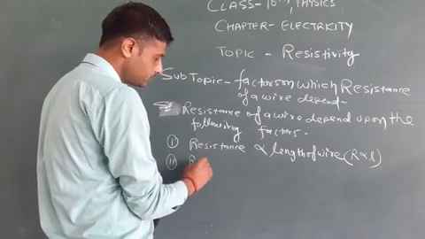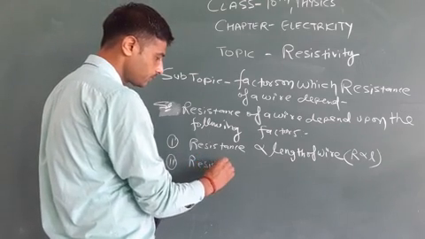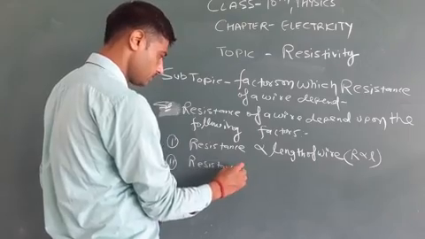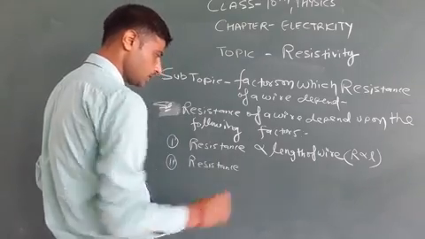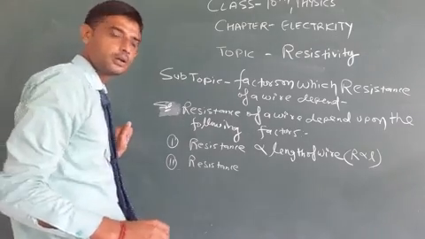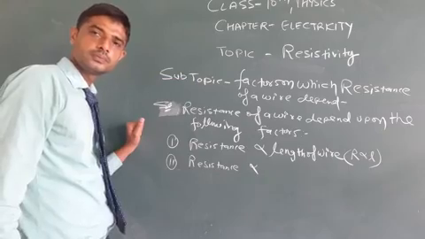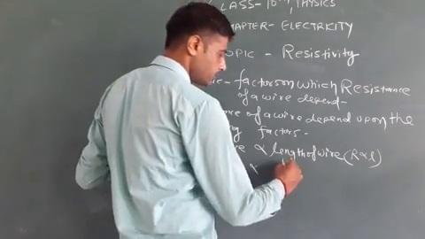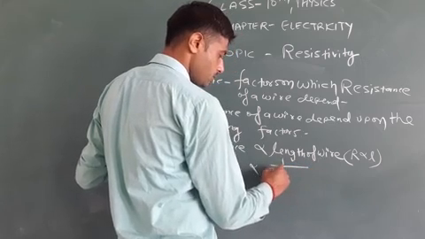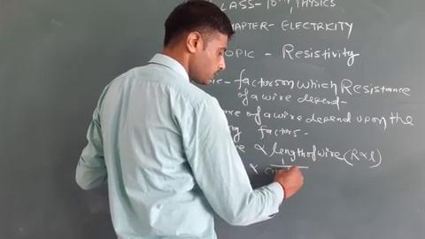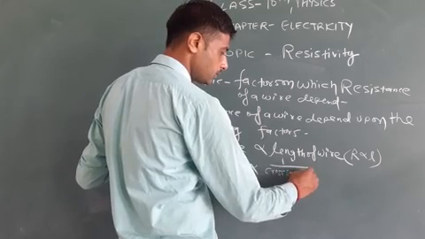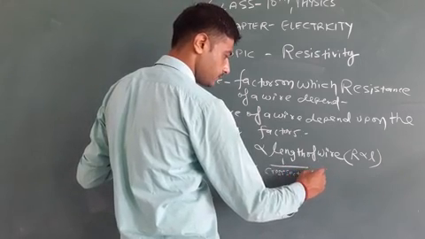Second, the resistance of a wire is inversely proportional to the cross section area.